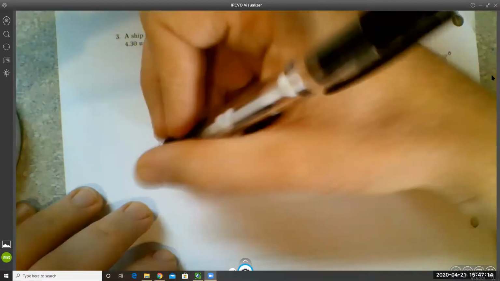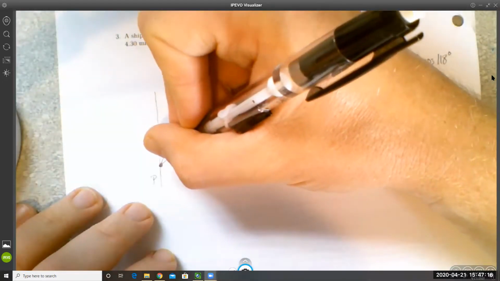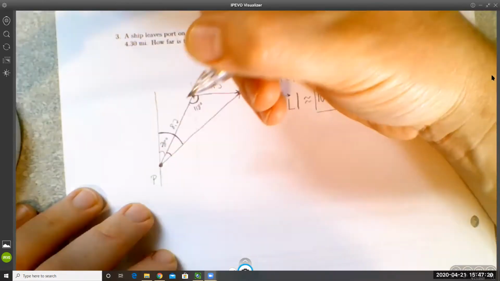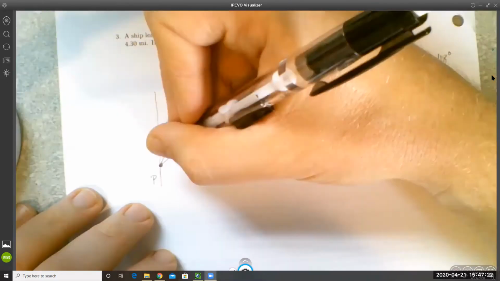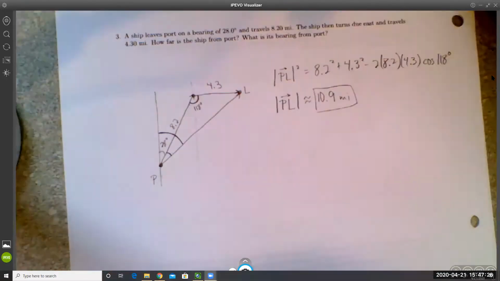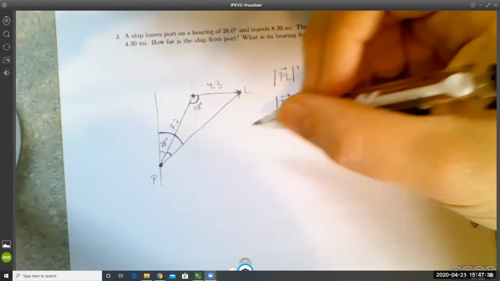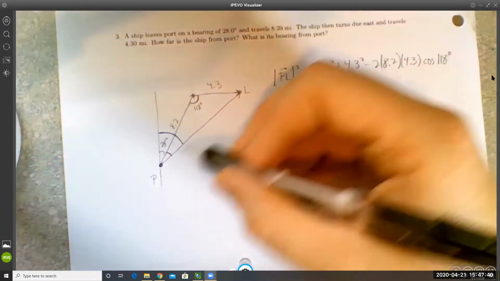In order to get it, we should first probably figure out what this angle is. If we can figure out this angle, then we can just add it to 28 to find this big angle. Unless there's an easier way. Is there an easier way to do this?